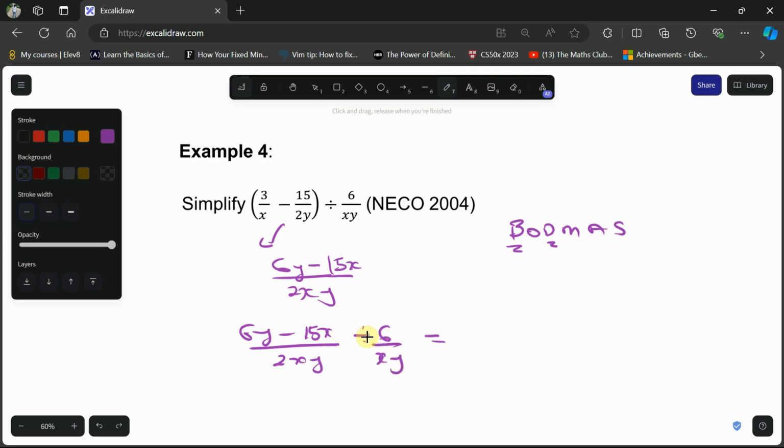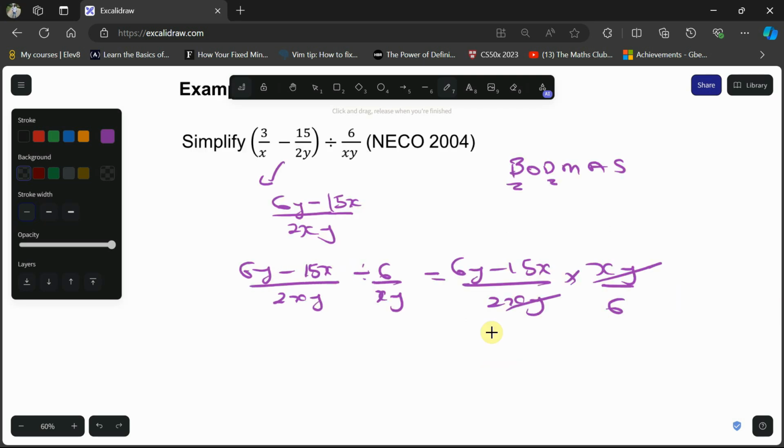If you have division, we multiply by the reciprocal of the second fraction, so that will be 6y minus 15x all over 2xy multiplied by, this will come up, this will come down, xy all over 6. So xy will cancel xy, right? We're left with 6y minus 15x all over 2 times 6, which is 12. So this will be 6y minus 15x all over 12.